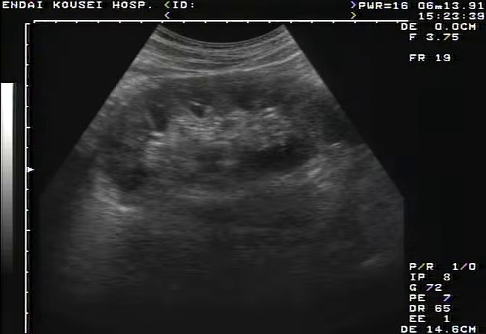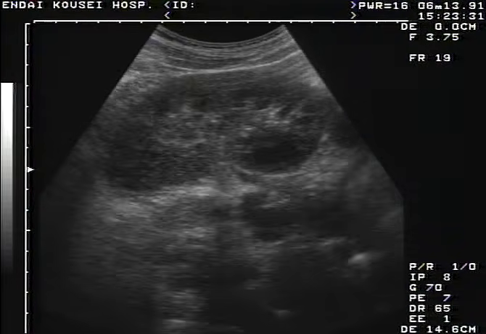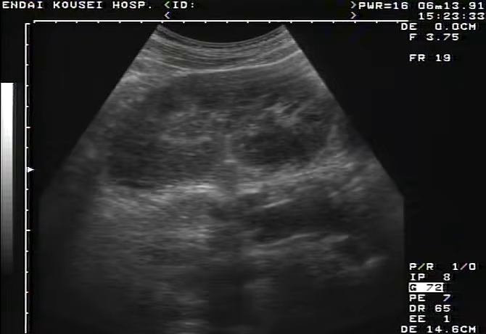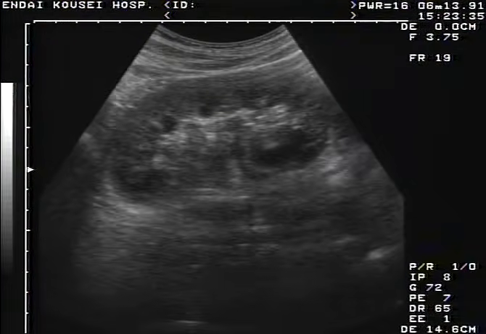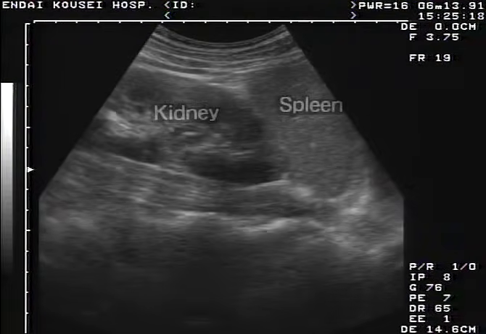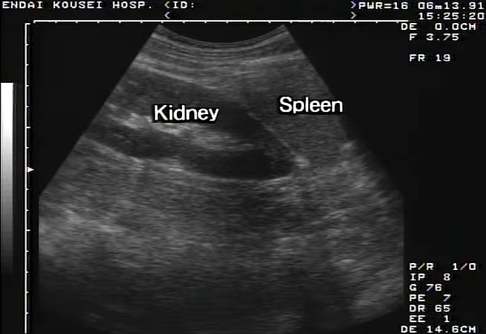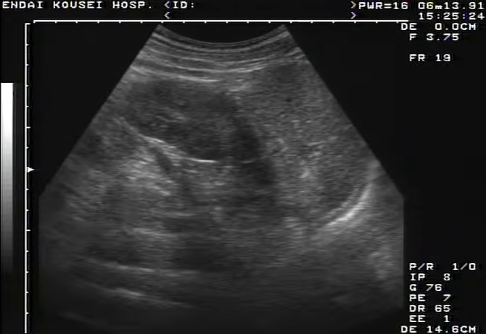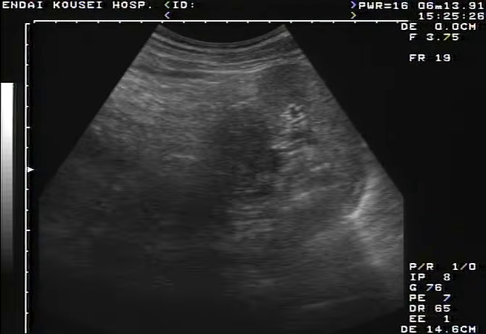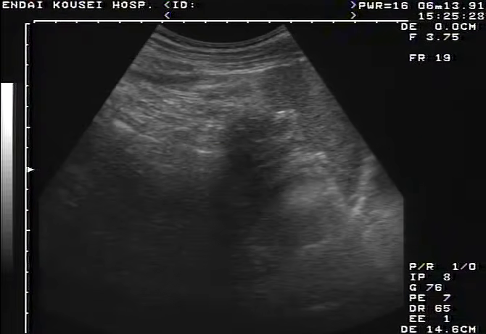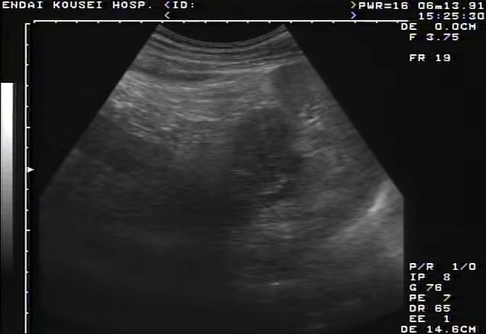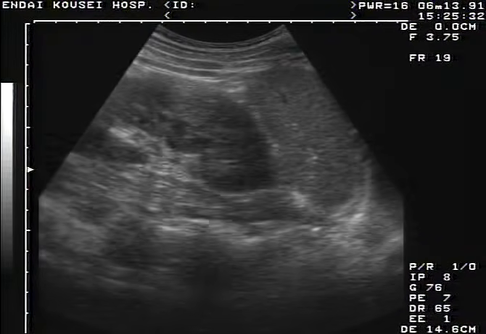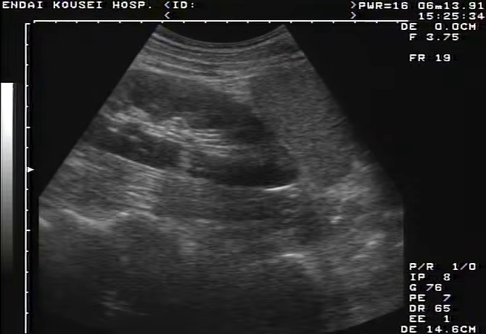Confirm that the echo level of the renal parenchyma is normal and the echo of the center is not abnormal. The spleen and kidney are separated by a comparatively high echo area and are close together. However, if ascites is present, the spleen and kidney are farther apart and return no echo. Be careful not to miss this sign.